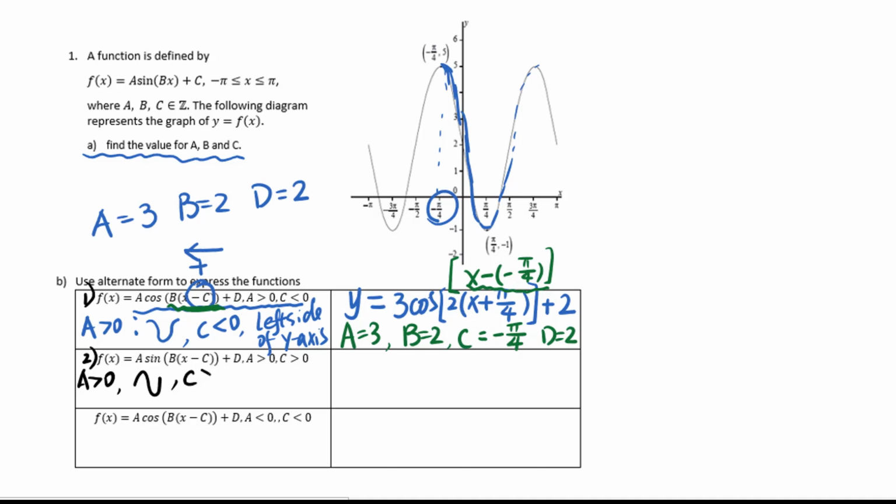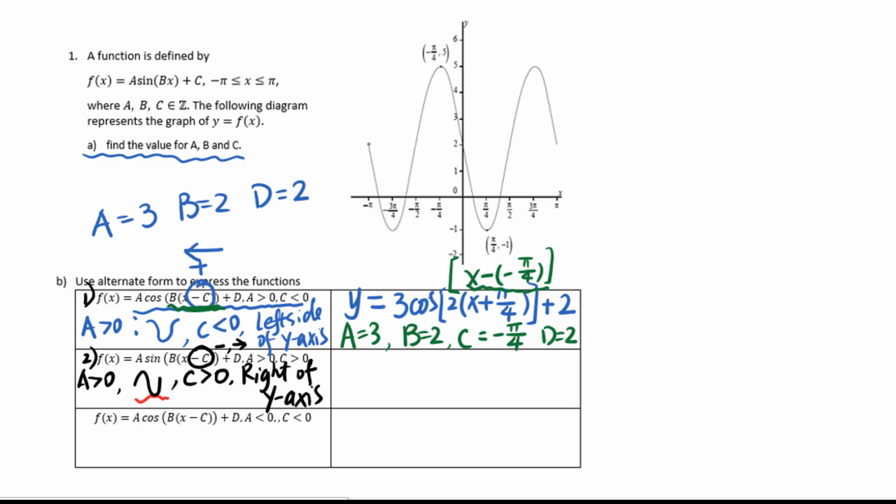For c greater than 0, negative c will be negative, which means move to the right side. Therefore, it's on the right side of the y-axis. So on the right side of the y-axis, we need to draw the positive sine x pattern.